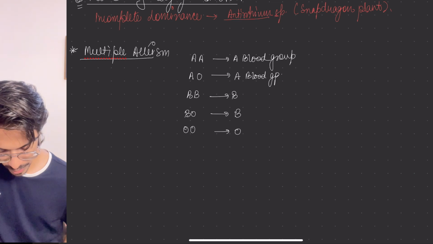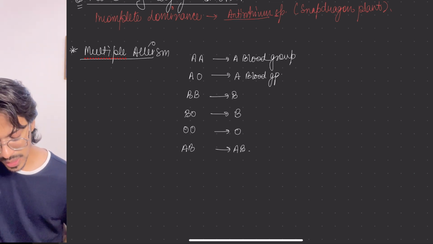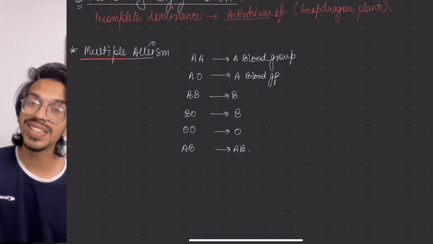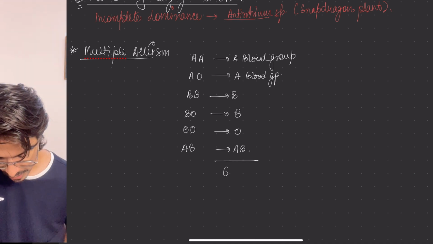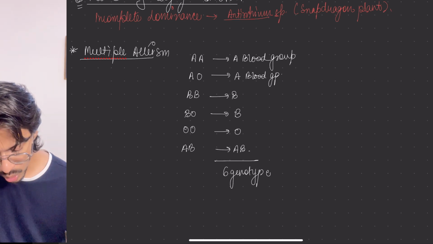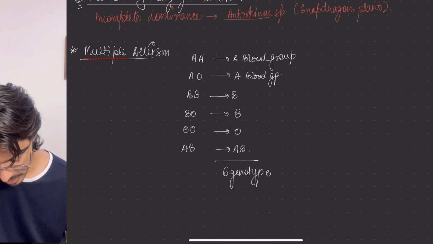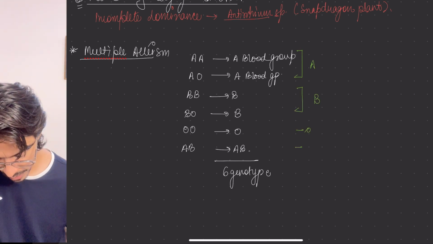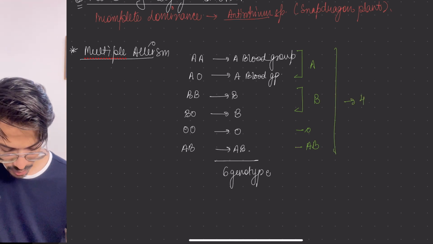OO, then O blood group. Then we have AB, then AB blood group. So if we look from the point of view of the genotype, there are a total of 6 genotypes. But if we look from the point of view of phenotype, the character, this is A only, this is B only, then we have O, then we have AB. So how many of them are present? 4 phenotypes.